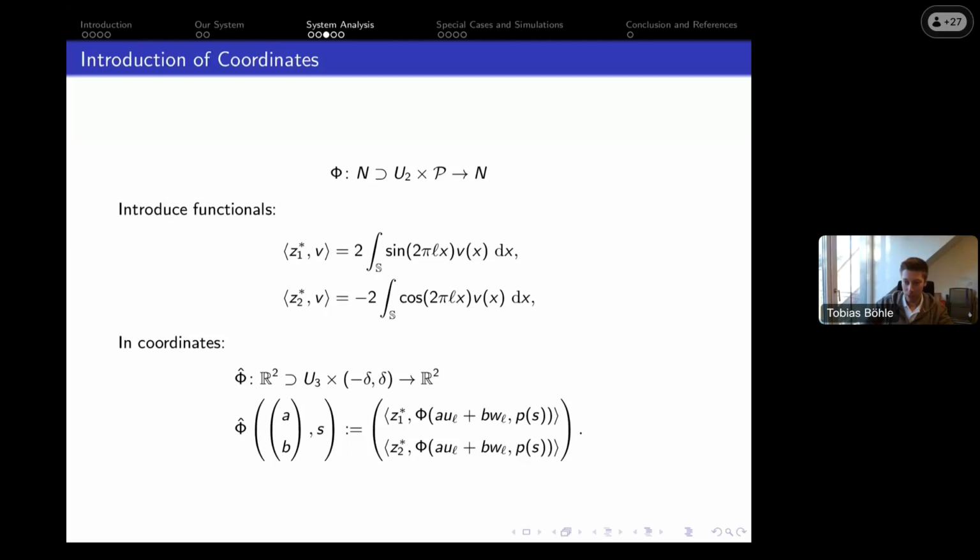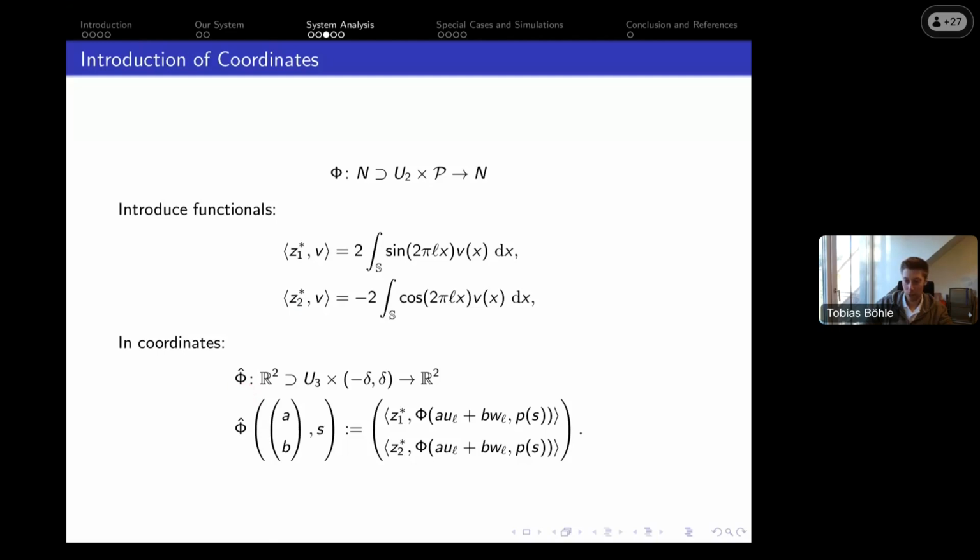If you apply the functional Z1 star to a function V in N, then this extracts the component of UL, and Z2 star extracts the component of WL. And then we can define the coordinate version phi hat of phi.